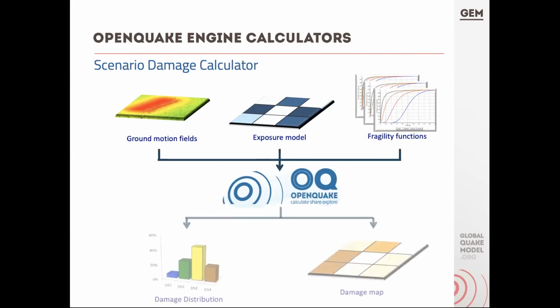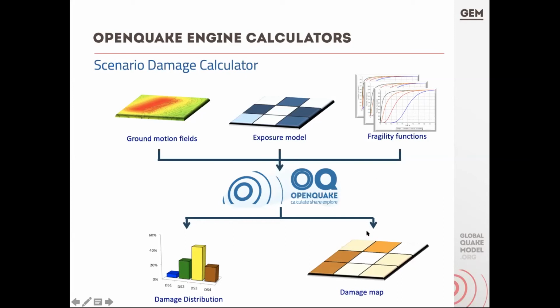Our outputs were either statistics regarding damage distribution, when we were exploring how many wooden buildings in industrial facilities were collapsed. So these are the damage statistics. And we can also get damage maps. So we have in the damage map the distribution of damage for a given damage state.